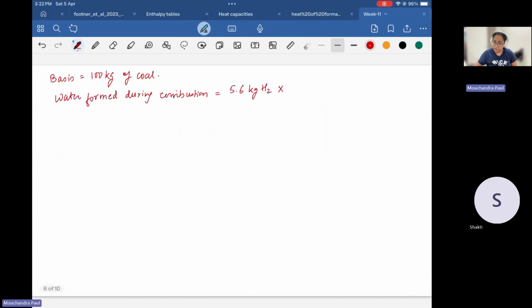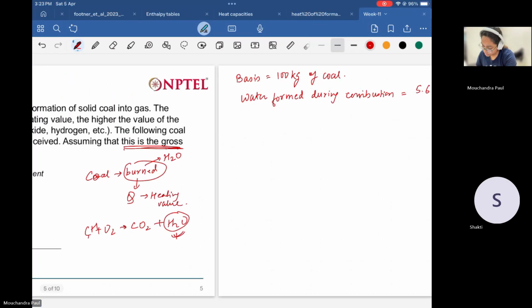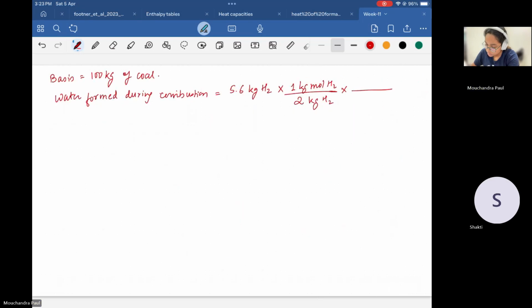And then 1 kg mole of hydrogen basically corresponds to 2 kg of hydrogen, and 1 kg mole of water will be generated for every 1 kg mole of hydrogen, and 1 kg mole of water is basically equivalent to 18 kg of water.